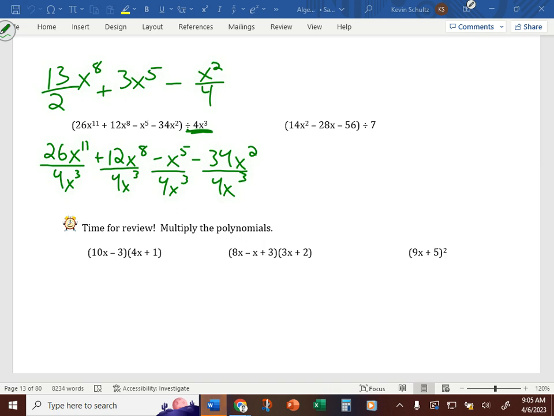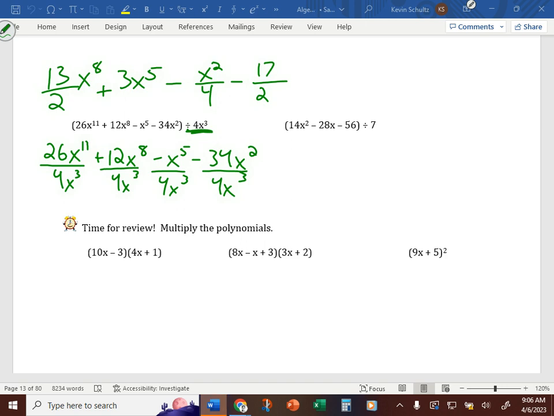And lastly, negative 34x squared divided by 4x cubed. Treat those coefficients as a fraction, subtract the powers. Where are the x's? How many more? Negative 17 halves. And what about the x's? 2x.